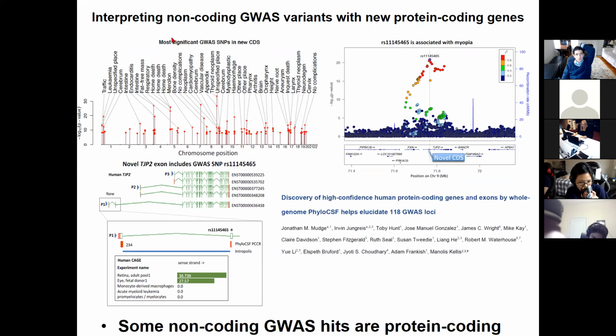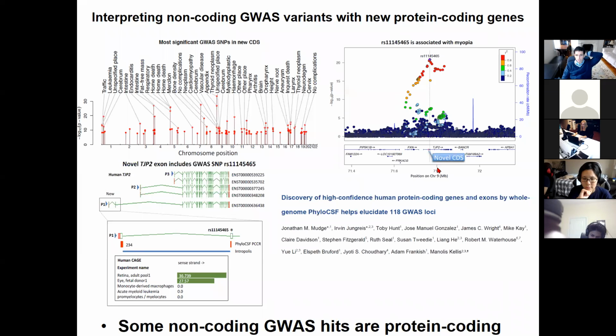We've also used this to now interpret non-coding GWAS signals with new protein coding genes. Here's one example where, remember in the GWAS lecture, I mentioned that 93% of GWAS signals are in fact non-coding. Well, this is one of them, but for this and another 118 genetic loci, we found that we can now predict new protein coding genes that exactly overlap this genetic signal, enabling us to show that for all of these different types of functions, these protein coding exons are in fact probably what's being disrupted.